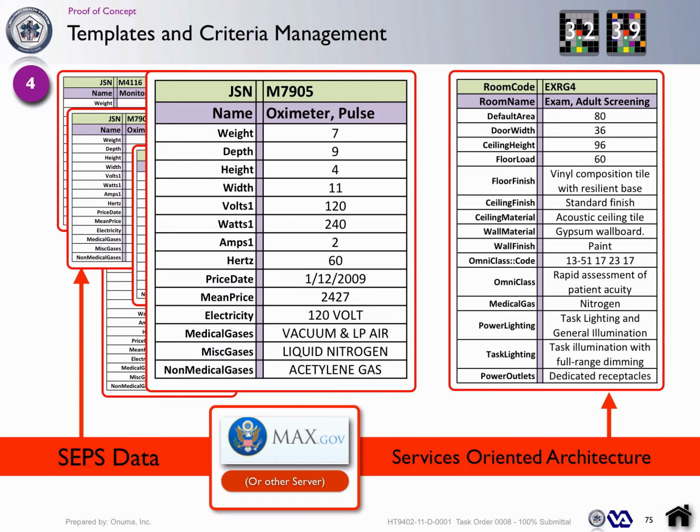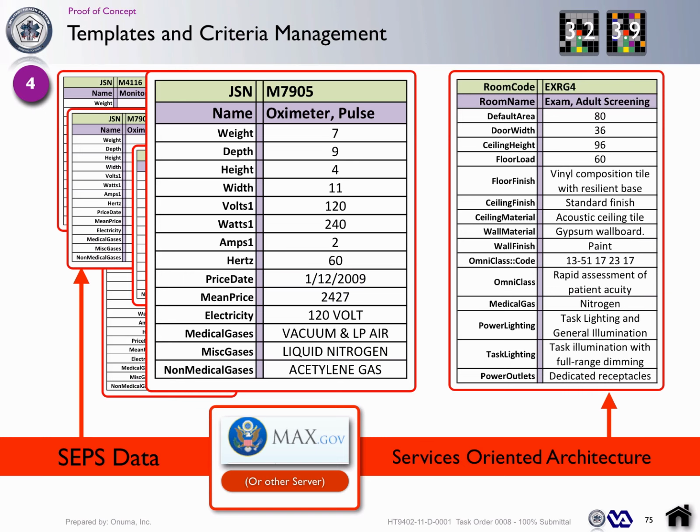So the SEPS data, for example, the room codes and the associated attributes and the JSN and equipment information that is in that room, there could be quite a few pieces of equipment in there, and there are specific attributes associated with each equipment. So this pulse oximeter, for example, and this is the actual SEPS data, we noticed that for some reason this pulse oximeter identifies that it has a medical gas in it.